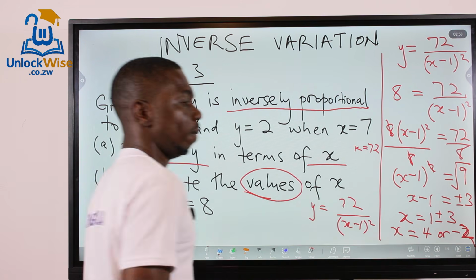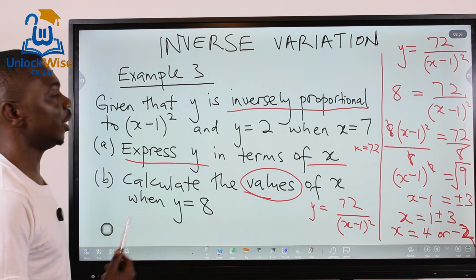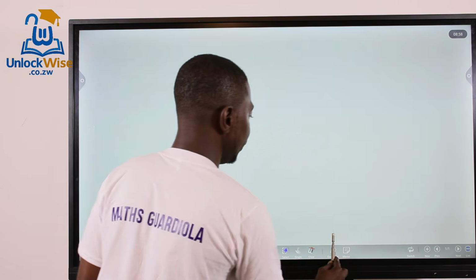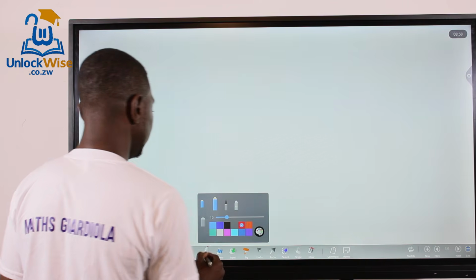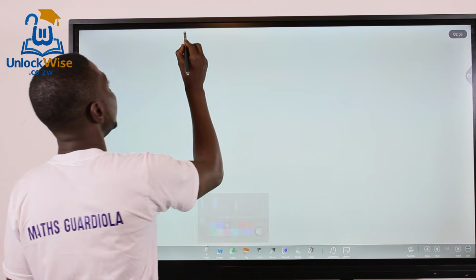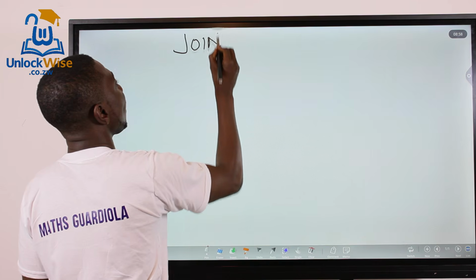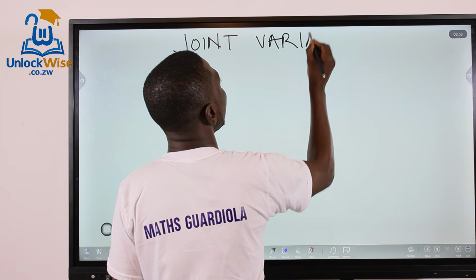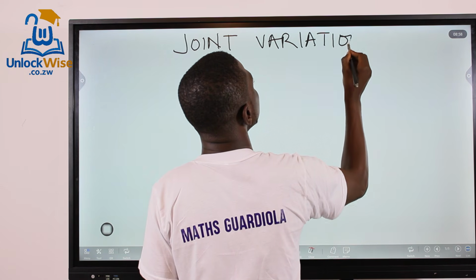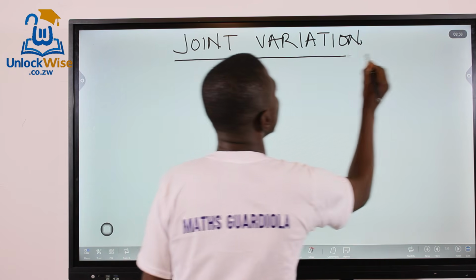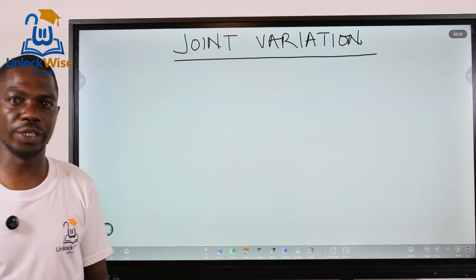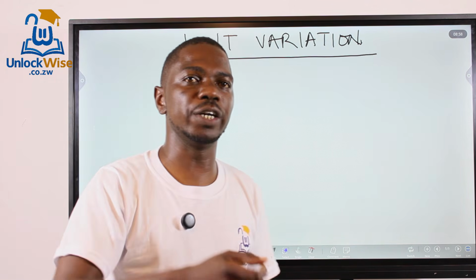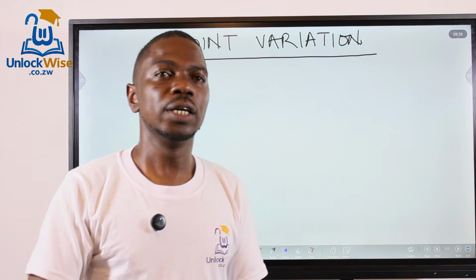Right. So we are done with inverse variation. I want to take you to joint variation. We are going to look at joint variation. Now, joint variation can be a combination of direct variation and indirect variation, that's one.